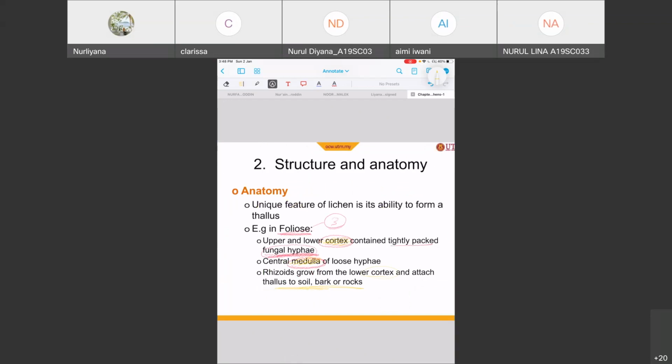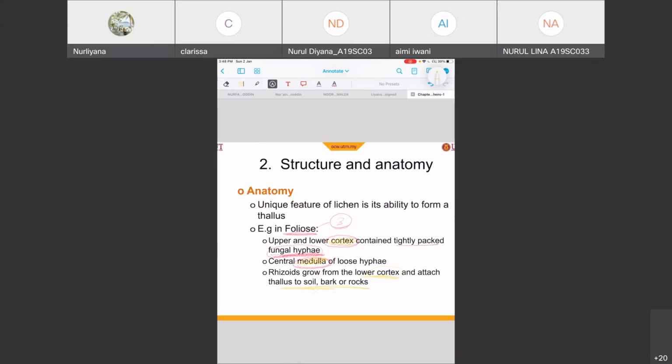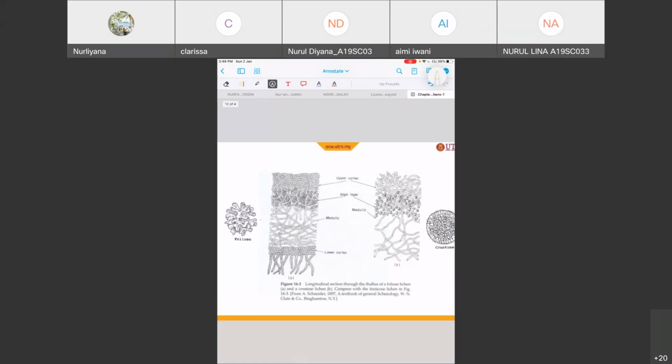If they grow into a lower cortex, they can form their roots, so that they can be attached to the soil, bark, and rocks. So these are the differences.